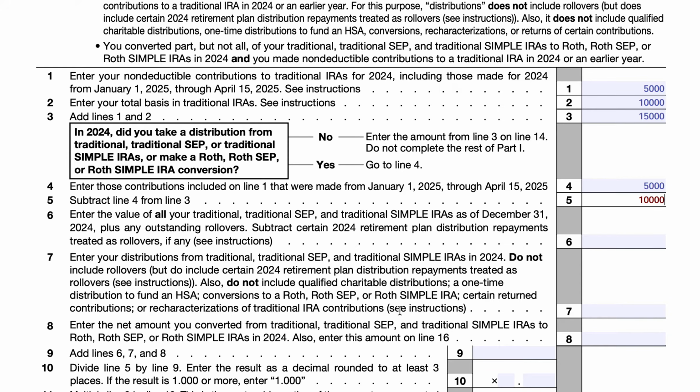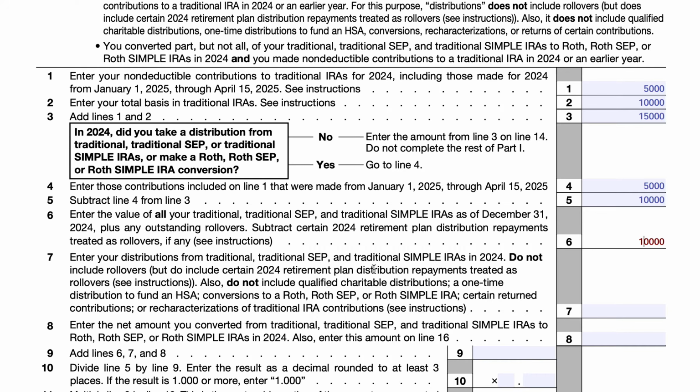So basically, we're going to figure out what the basis percentage would be, because when you do distributions or Roth conversions, you pay a prorated amount of tax. So I'm going to make this a little bit simple. Let's just say that we had a $10,000 account balance, and we now have the $10,000 of basis right here.